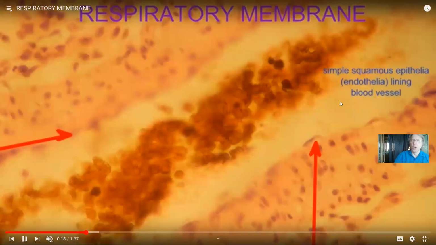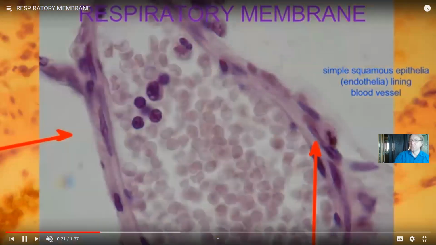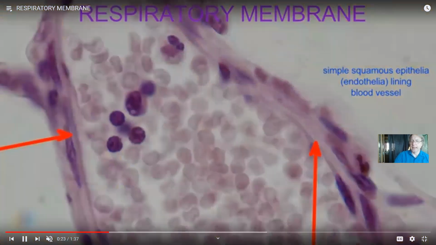But then also the respiratory membrane is composed, in addition to these type 1 cells, the simple squamous cells which line the air sacs, also of blood vessels, such as this one here, which is lined by simple squamous epithelia known as endothelia.